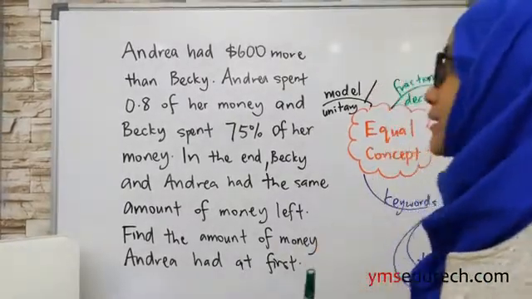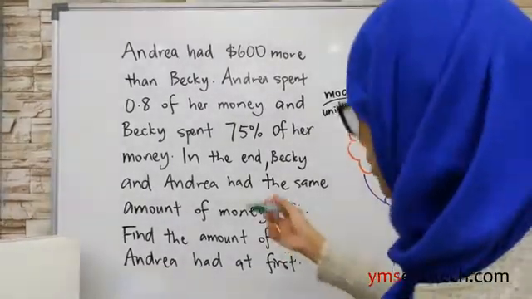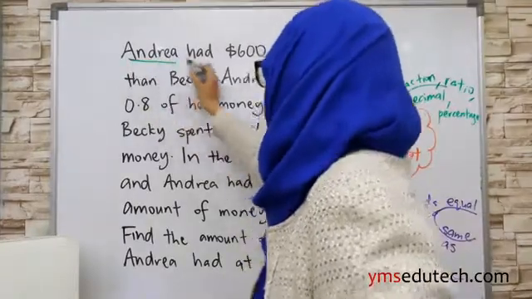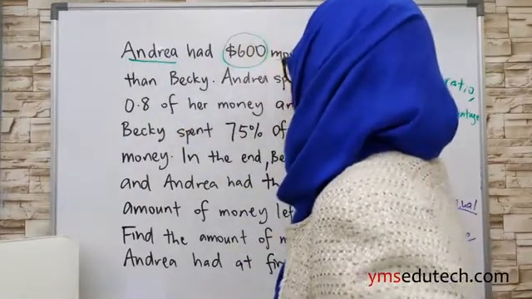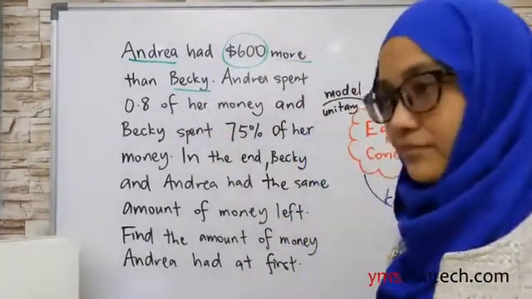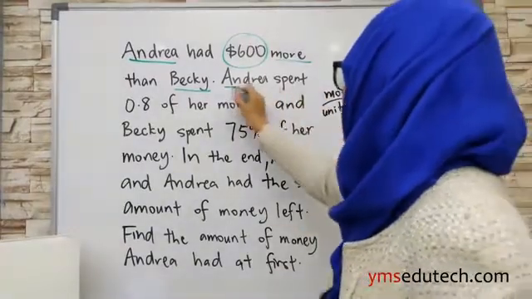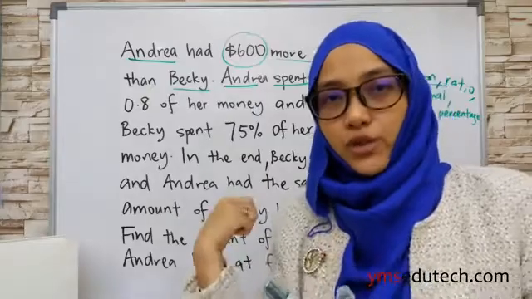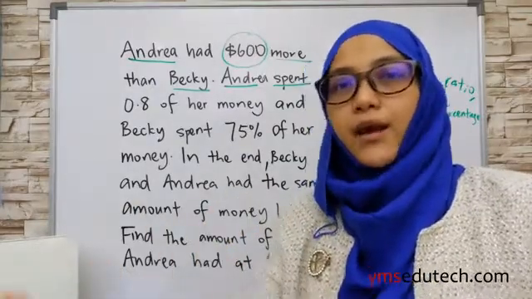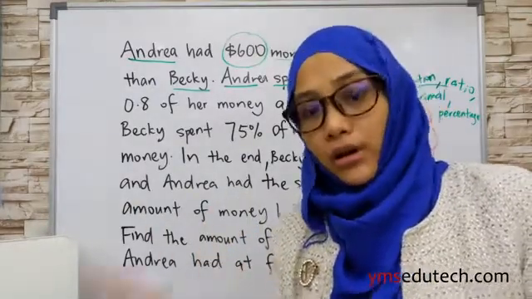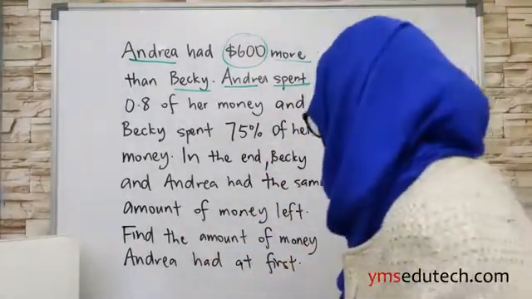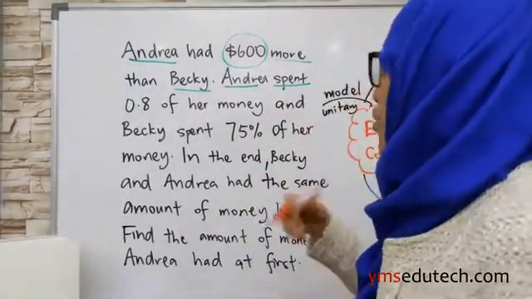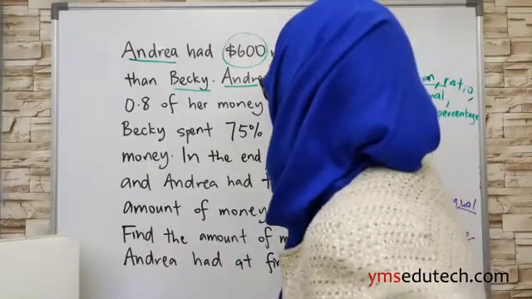Okay, so what are the important keywords here? Andrea had $600 more than Becky. Then Andrea spent. Whenever students see such keywords, spent, give away, bought, or sold, all these are words that talk about changes that took place.